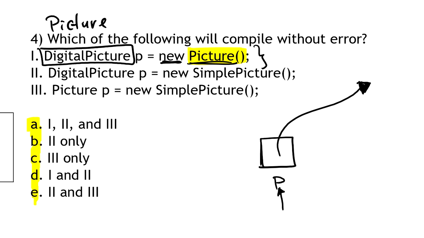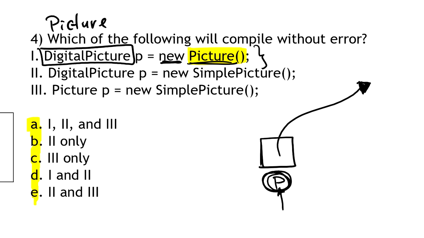Choice 2 also would work, and the reason is, again, this reference variable P is capable of pointing to an object that has all the functionality of the digital picture. Simple picture has all that plus some more, so that would be a fine thing too. What Java cares about when the compiler runs is binding methods to method calls.